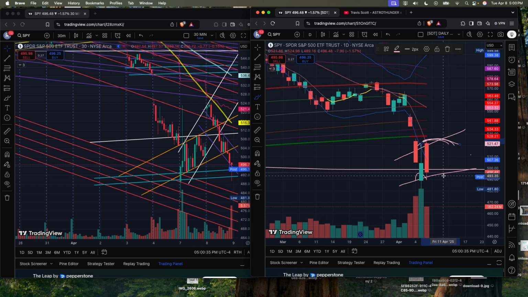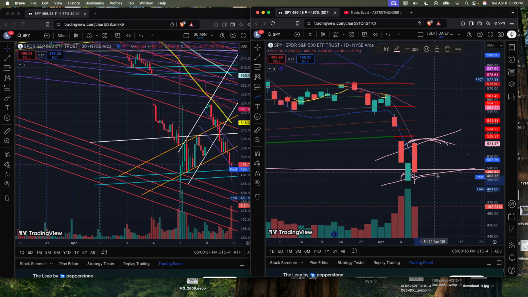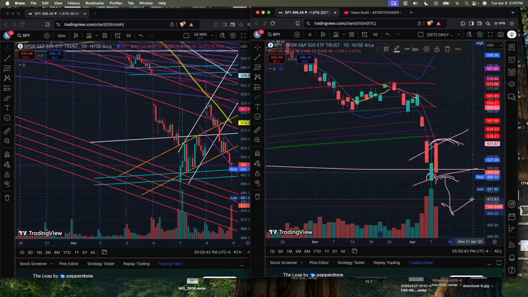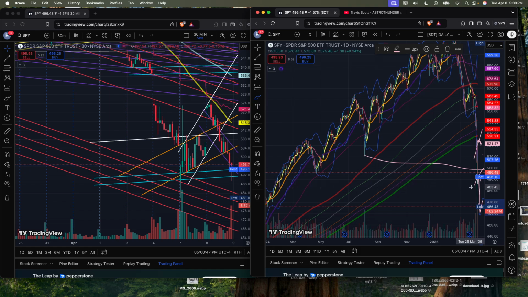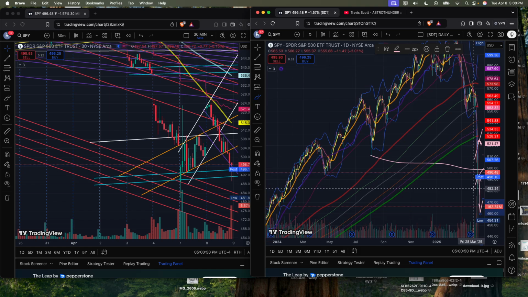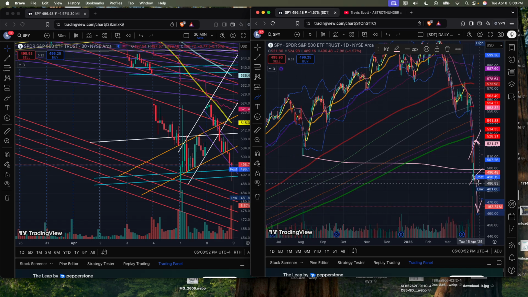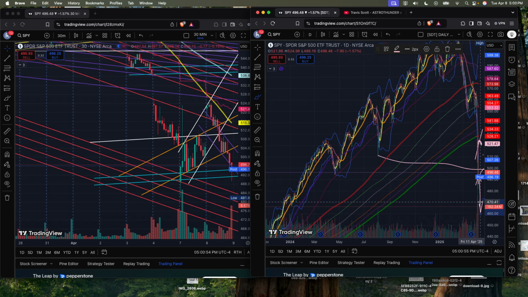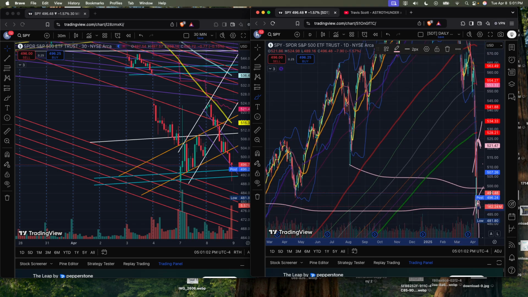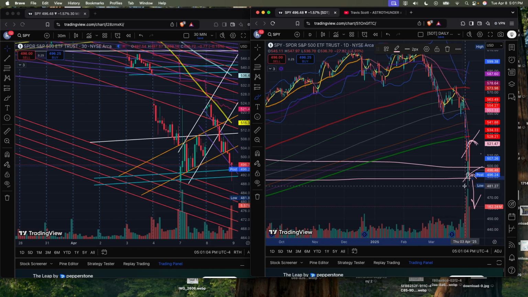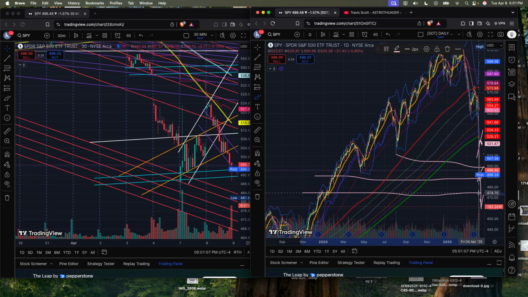The head is in, and now tomorrow, if the right shoulder forms and we start heading down to the levels that I spoke of before, around 480, anywhere around here we could really drop down to 486, 487. So it's something to pay attention to. And then targeting 475, 476 right here.